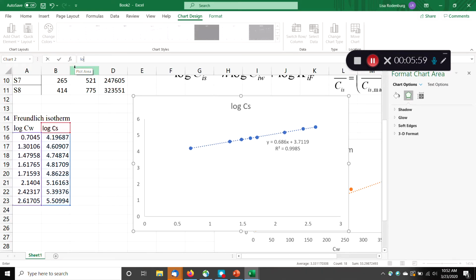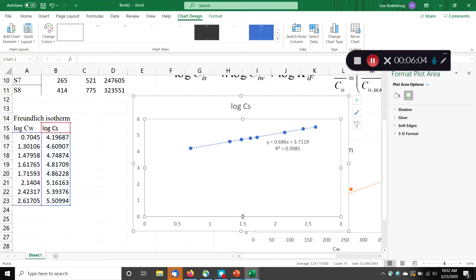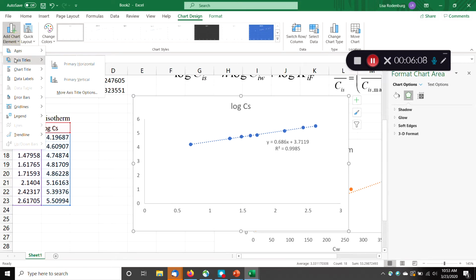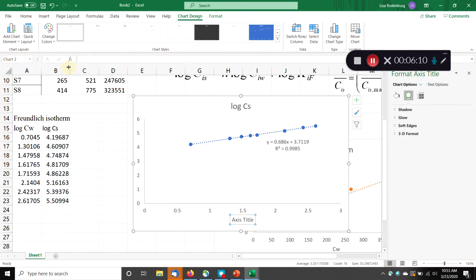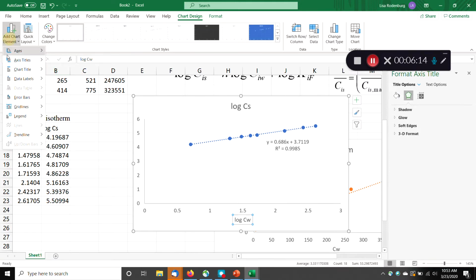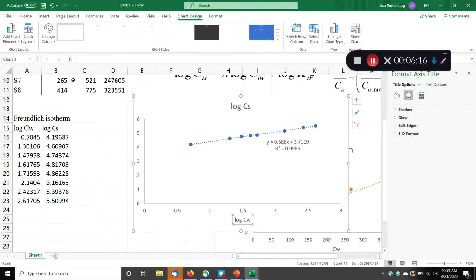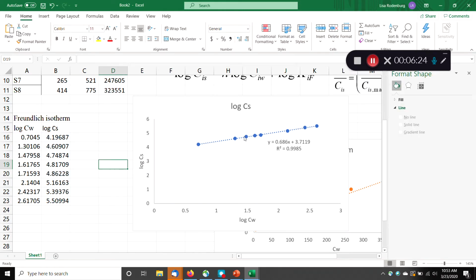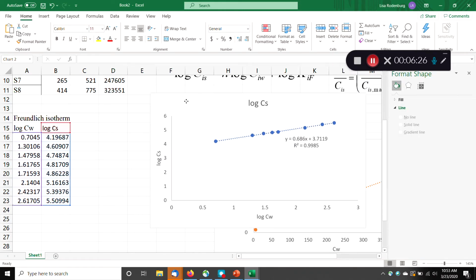So that is log CW, and add vertical axis label log CS. Perfection. I'm pretty happy with that.